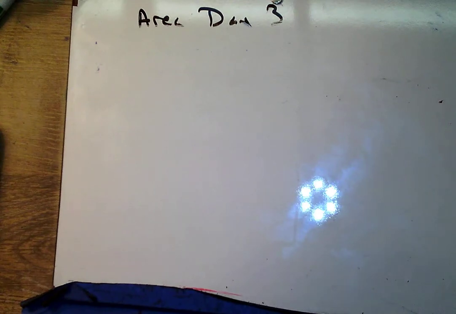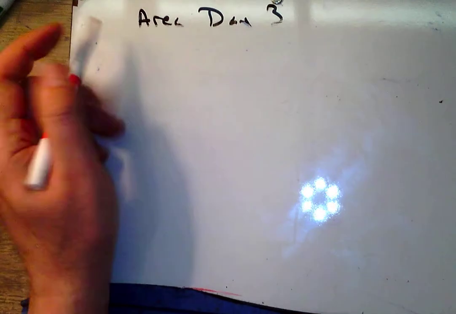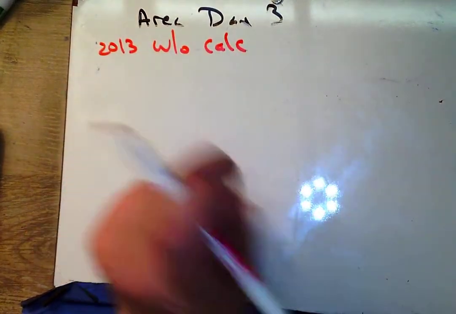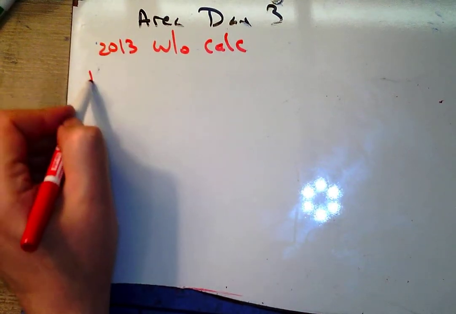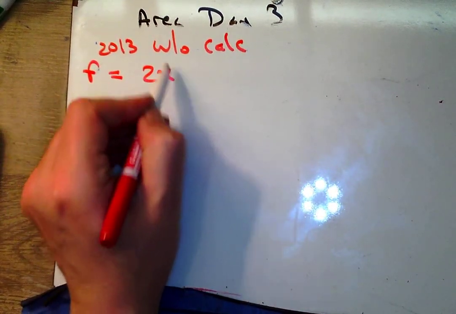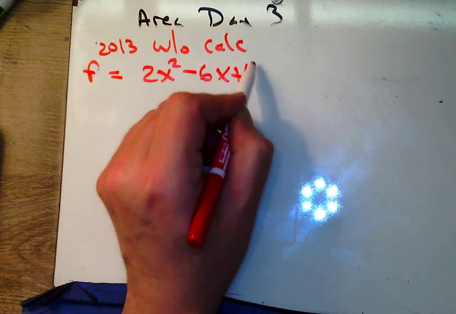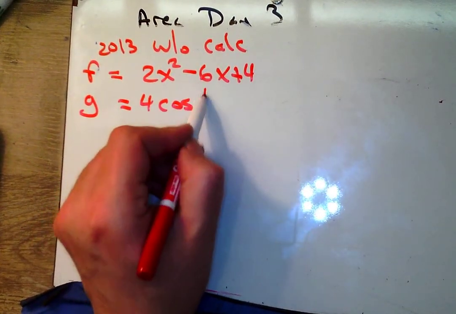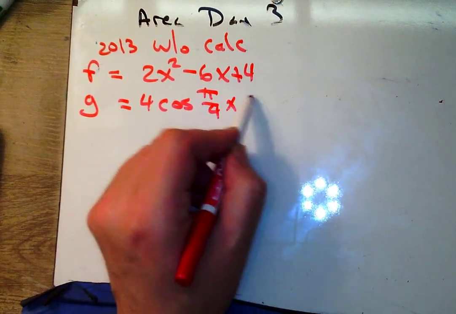Okay, here's this next problem. It's from 2013. This one's without calculator, though. 2013 without calculator. We're given the function f as 2x squared minus 6x plus 4. And we're given g for cosine pi over 4x.